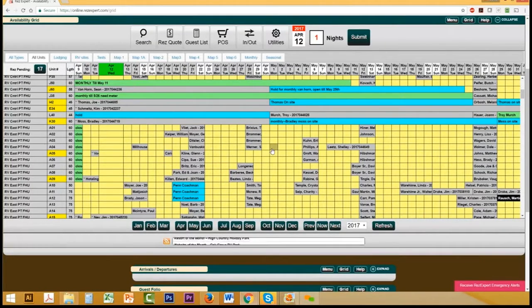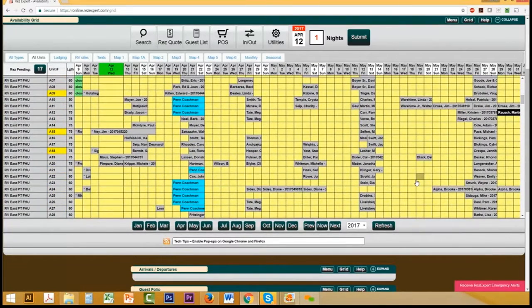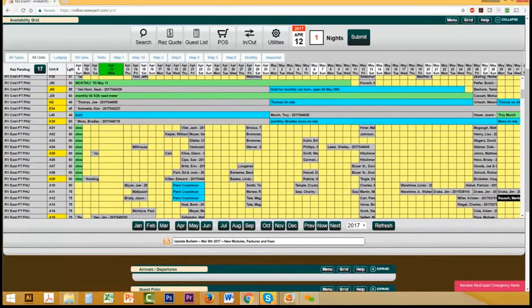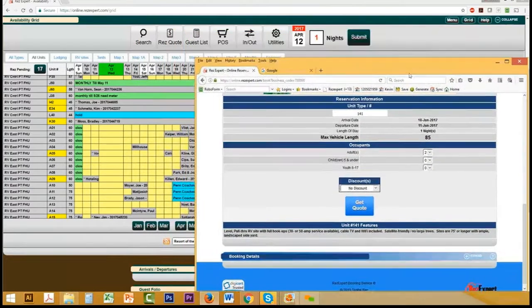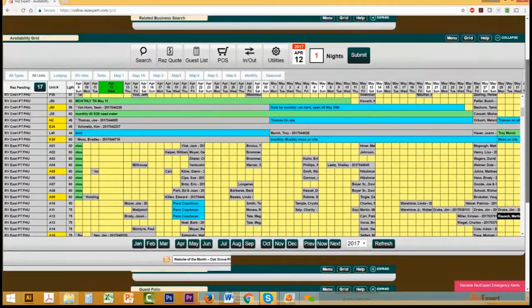And they'll potentially even move their dates so that they can come at the right time, so that they can be together. And the ability for the customer to search that online, look at it online and actually make that choice is huge, because you're pretty much giving them control. And that's what they want.